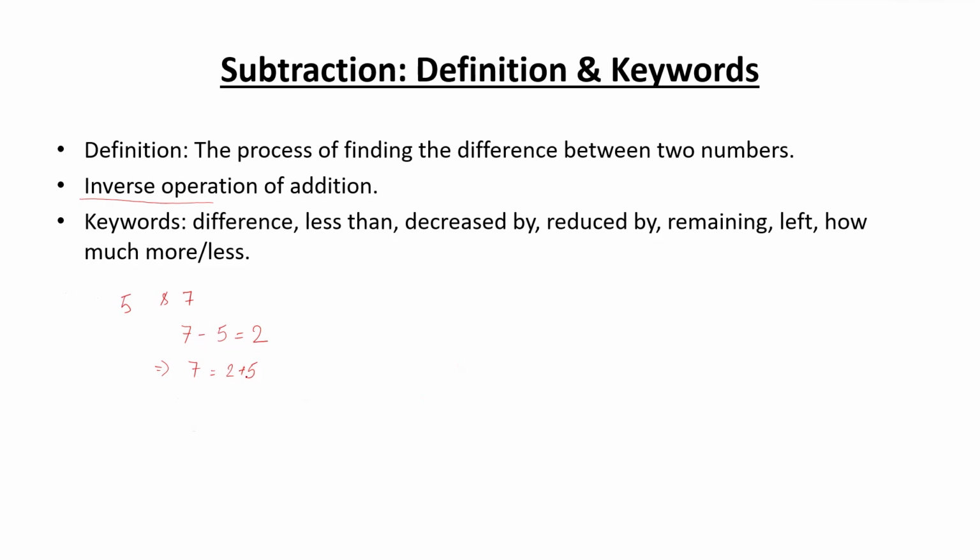So, you can see that, no? 5 plus 2 is 7. So, you can take this 5 to the other side of the equality with plus sign. And similarly, if you want, you can take this to this side with minus sign. So 7 minus 5 is equal to 2. Both are the same thing.